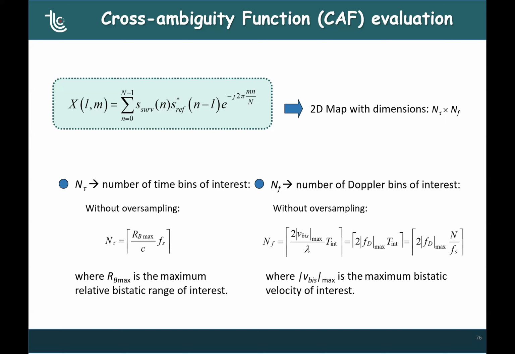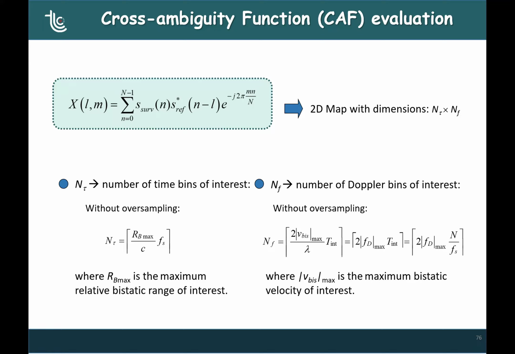So without oversampling, so if we sample only enough samples without increasing the sampling frequency, then you see that n_t, the number of samples, depends on the sampling frequency, and depends also on the maximum delay that we would consider. And the maximum delay is given by the maximum distance that we want to cover, the maximum bistatic range of interest, divided by c.